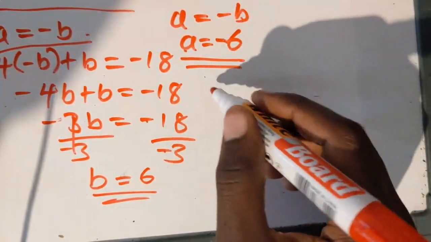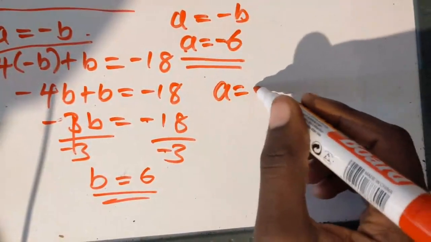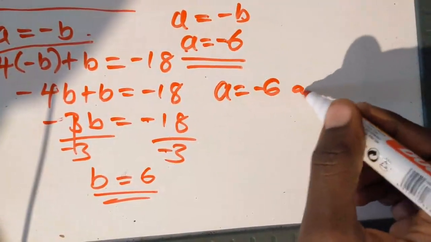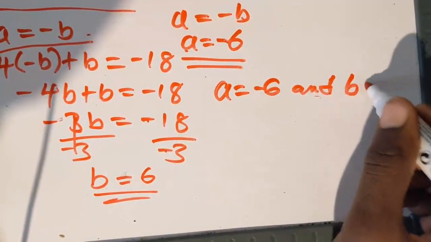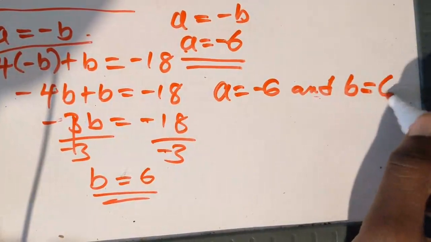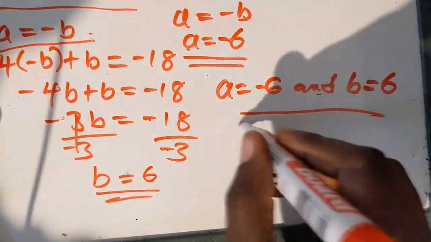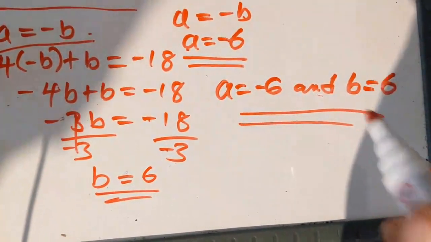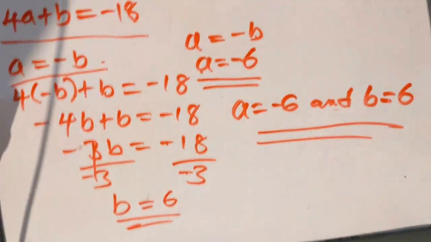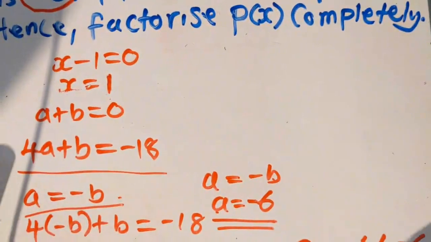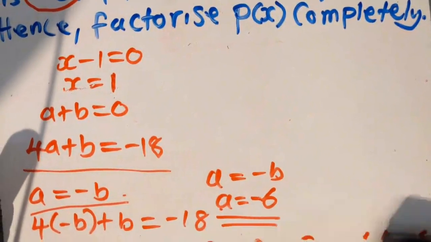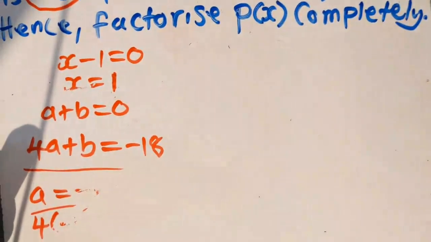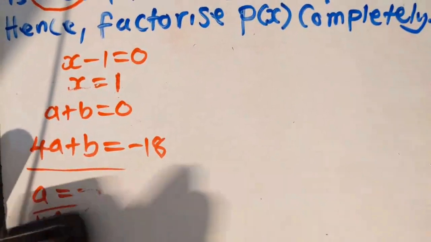So a is equal to negative 6, and b is equal to 6. So a is negative 6, b is positive 6. So that is how you find the values.